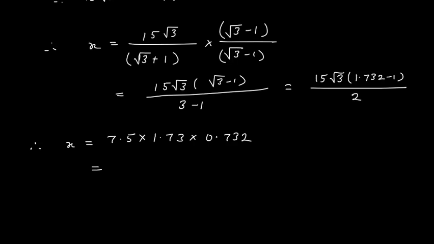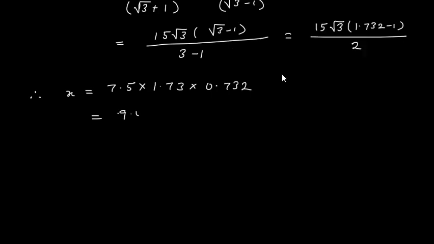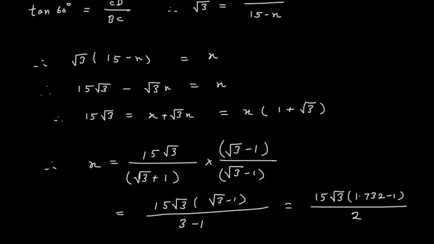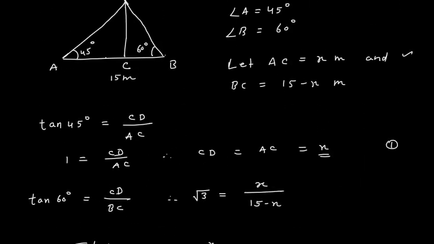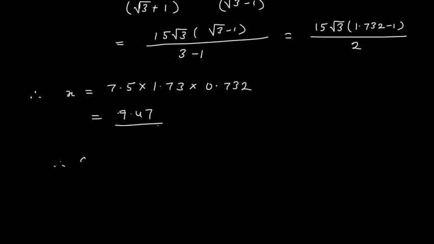So this calculation will give the result as, now we have to calculate 7.5 into 1.73 into 0.73. Okay, so somewhere 9.47 is the value of x. So what is this x? X is AC and CD is also equal to x. So therefore CD is equal to 9.47 meters.